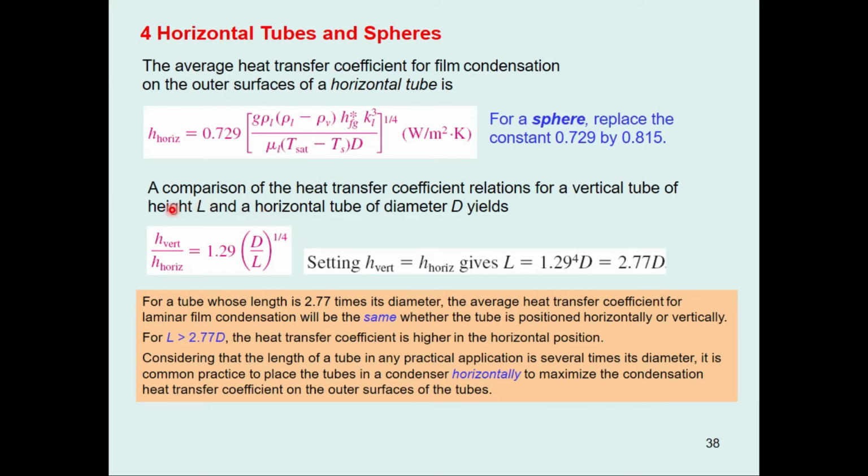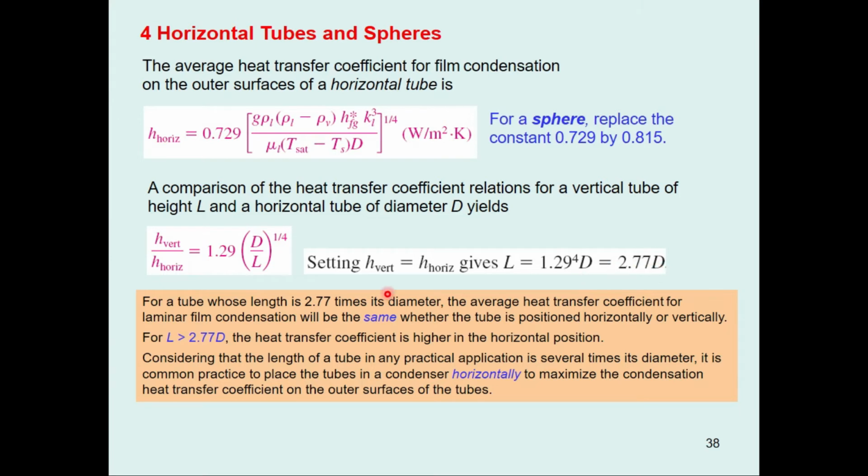In this expression, if we put h vertical equal to h horizontal, the left hand side will be equal to 1, and after simplifying this whole expression we will have L equal to 2.77 times D. What does this mean?